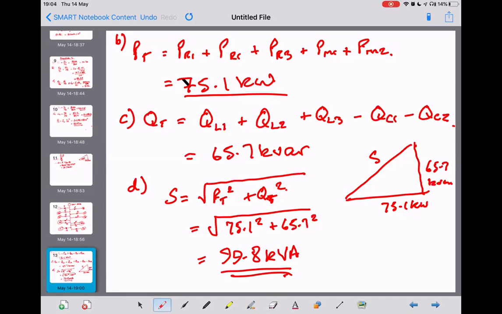All happy with that? And that was part of C. That was actually D: find the power factor.